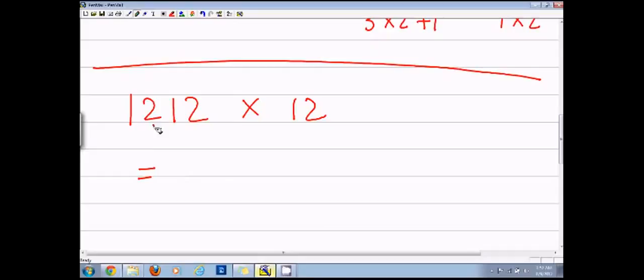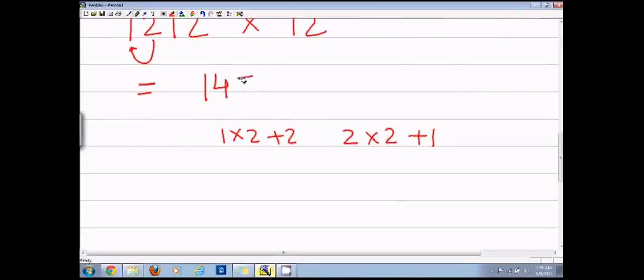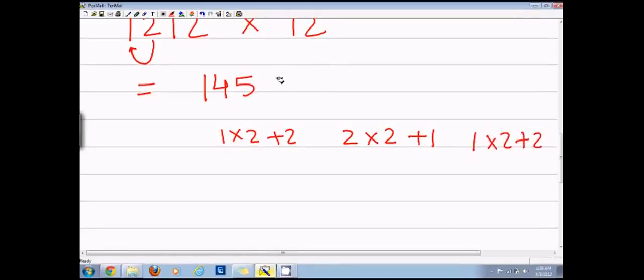First I will write 1 here because the first digit is 1, and then I'll say 1 into 2 plus 2, that is equal to 4, and then 2 into 2 plus 1, that is equal to 5, and then 1 into 2 plus 2, that is equal to 4, and then I'll say 2 into 2, that is equal to 4.